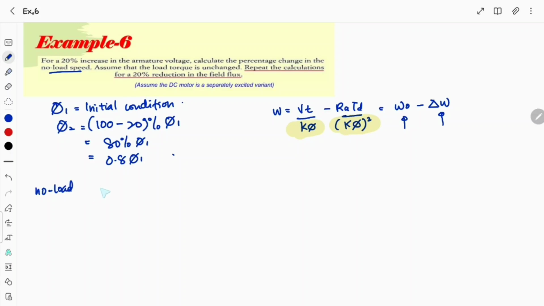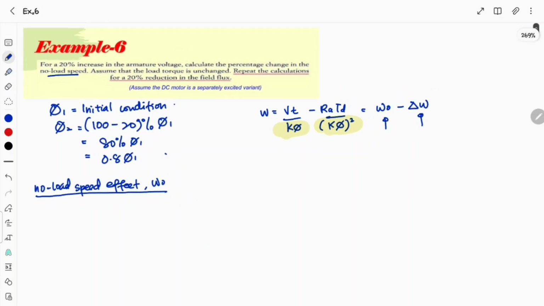No load speed effect, omega naught. For the no load speed effect, this is the equation: no load speed equals Vt over Kv. Since load torque is unchanged, we can also use the ratio method.